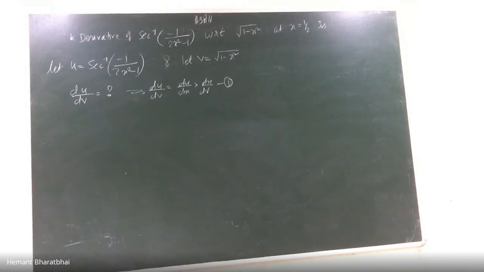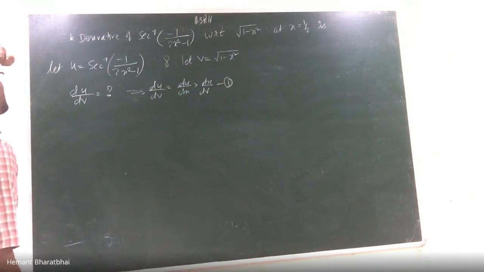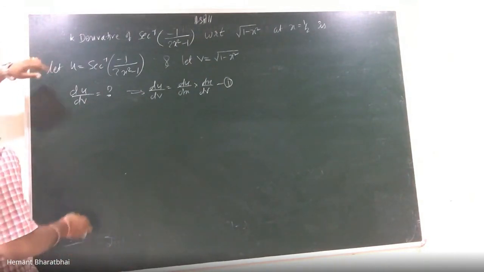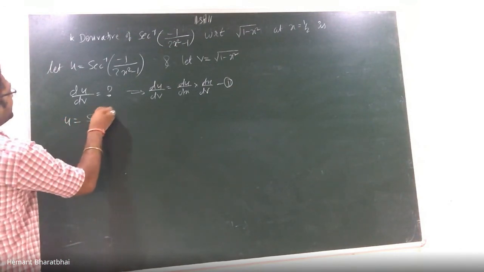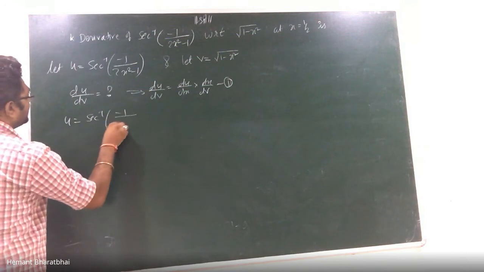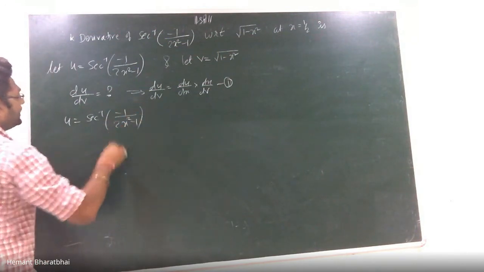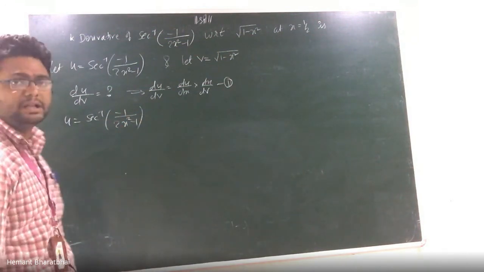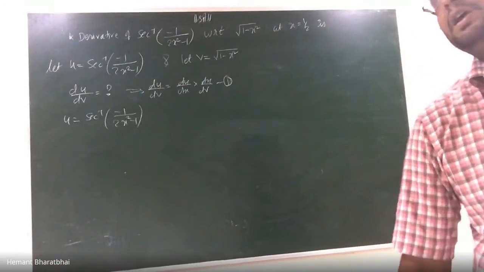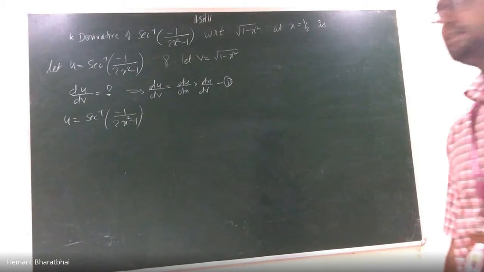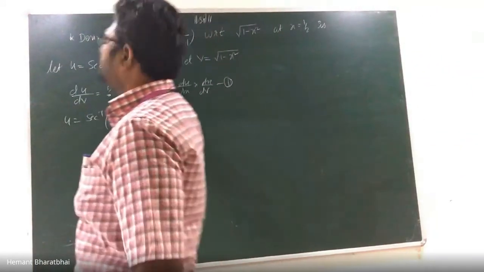Okay. So let's find out the value of du by dx. So u is equals to sec inverse of minus 1 upon 2x square minus 1. Directly we can't go for derivative over here because the derivative of sec inverse of x is 1 upon x into under root of x square minus 1. And we have this term.